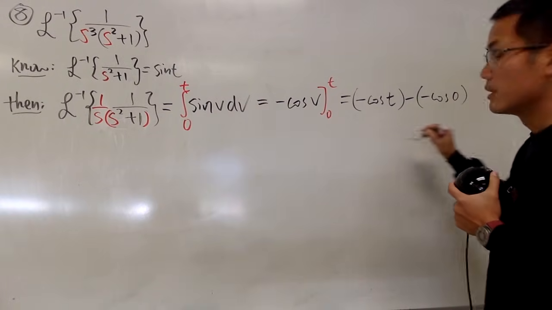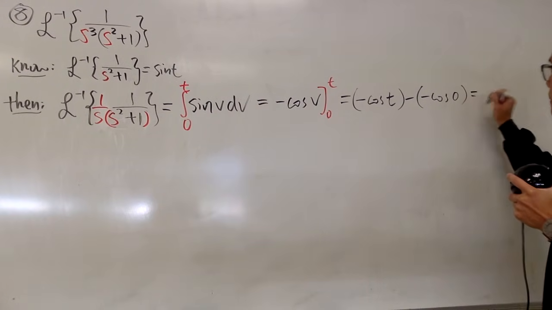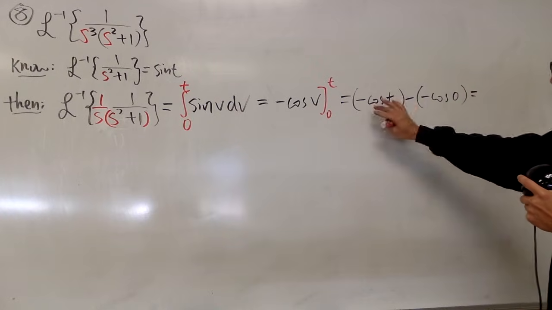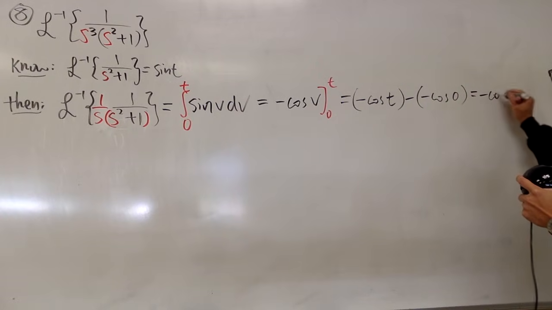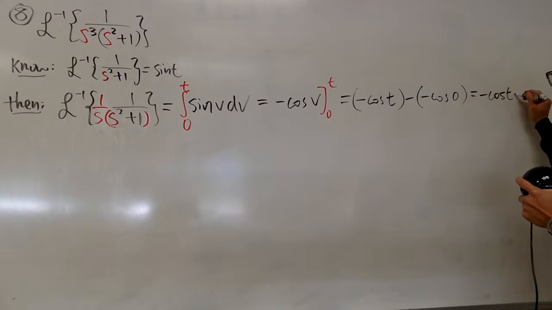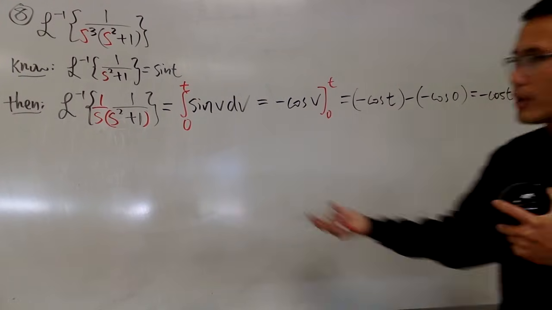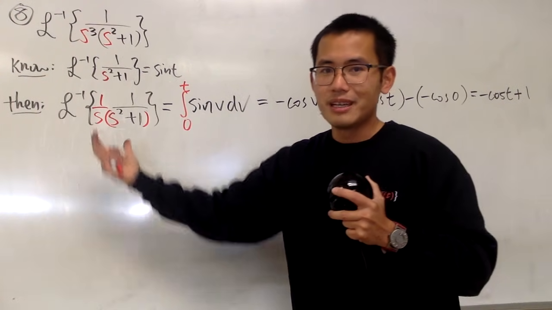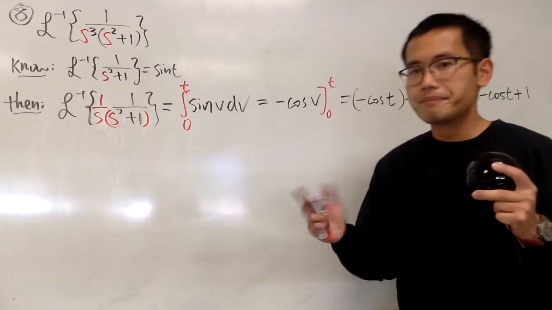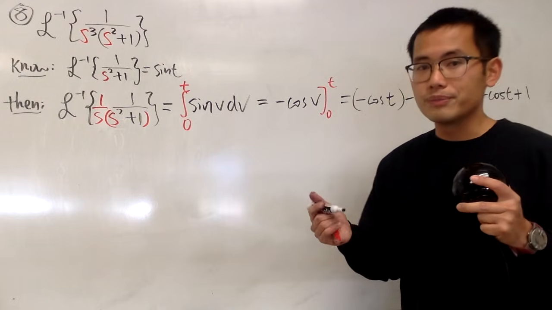In other words, this is equal to negative cosine t minus 1, no, plus 1. So that's the first one. I'm showing you this, the inverse Laplace, and you don't have to do the partial fractions if you don't want to.